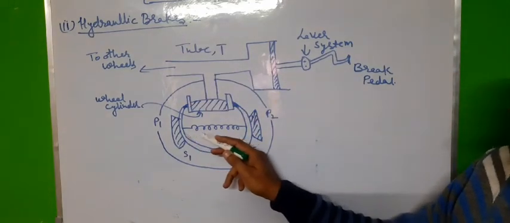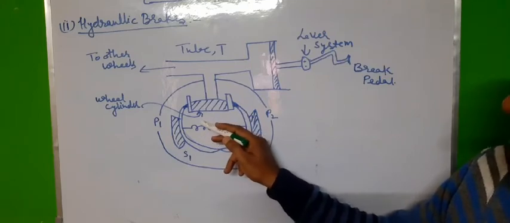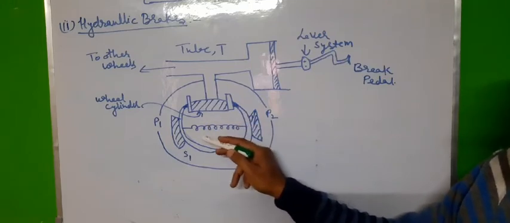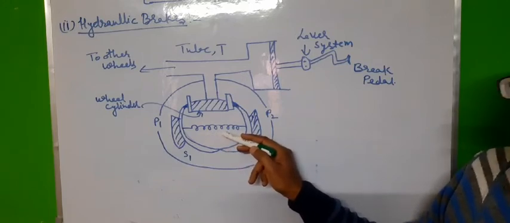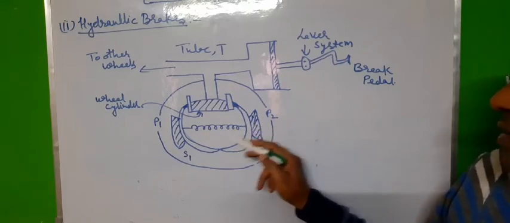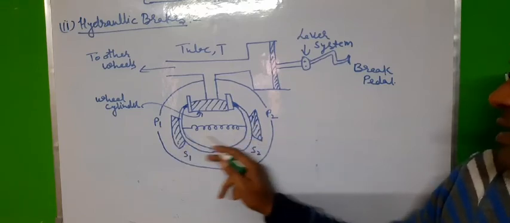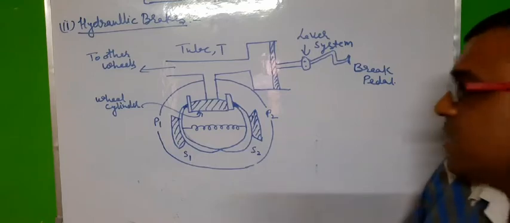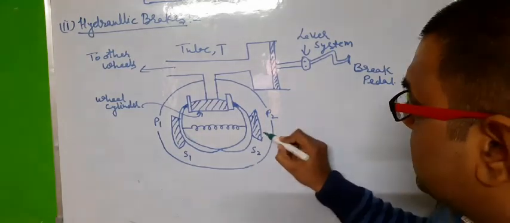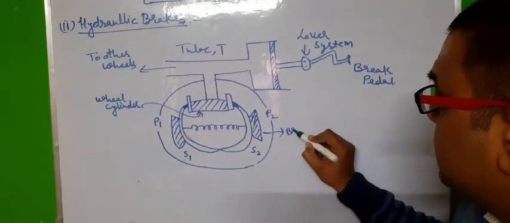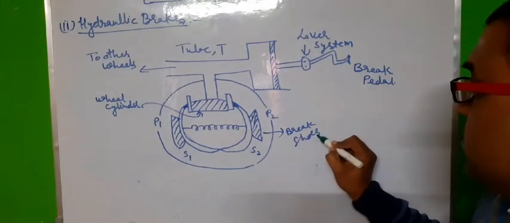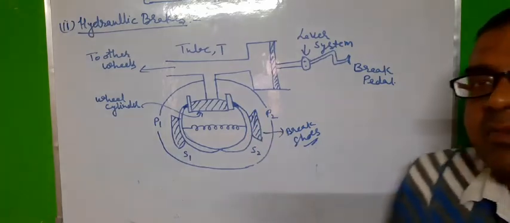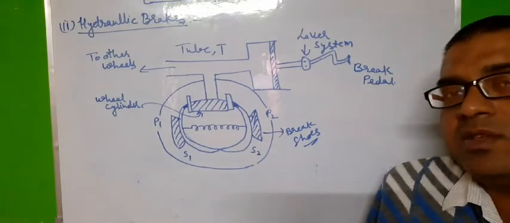There is the expansion in the spring which is placed here, and due to the expansion of the spring, the force acts on these, which are called brake shoes. So pressure is experienced by the brake shoes.